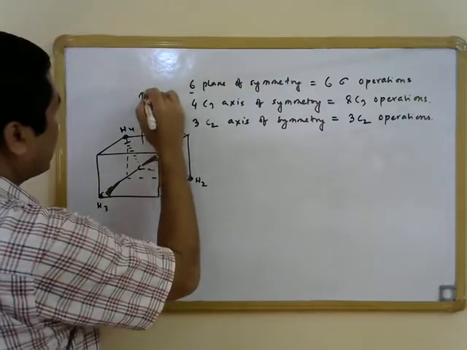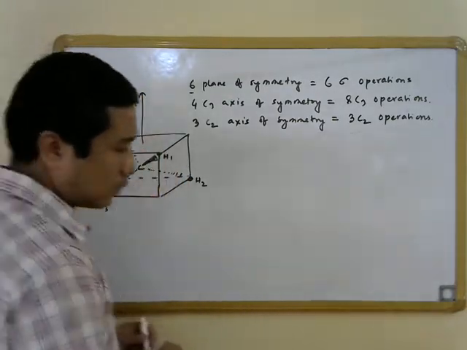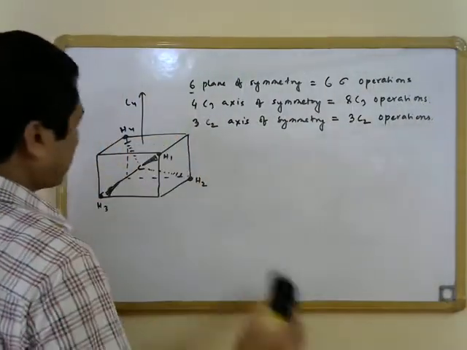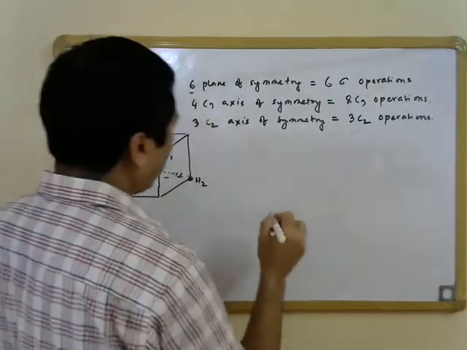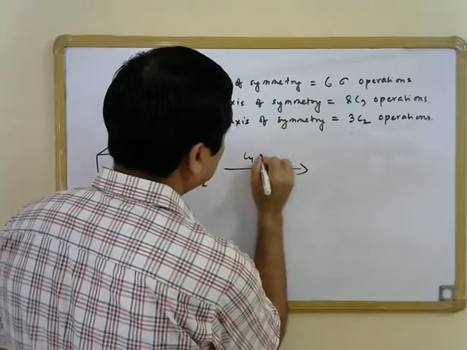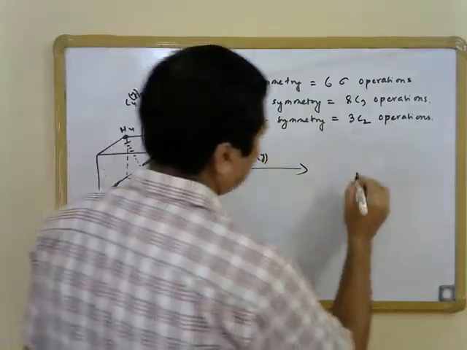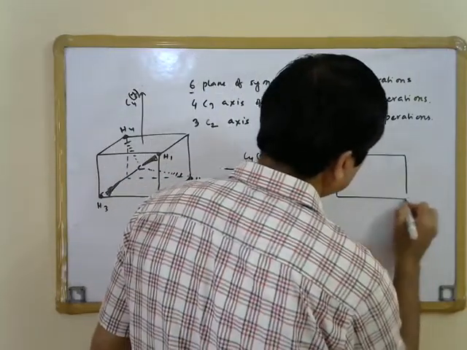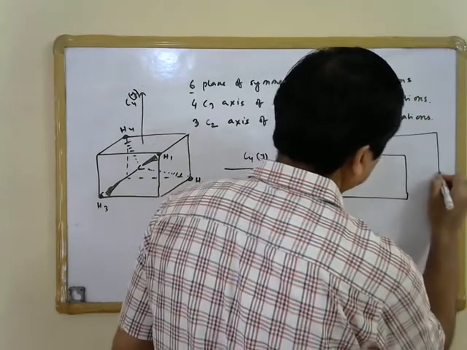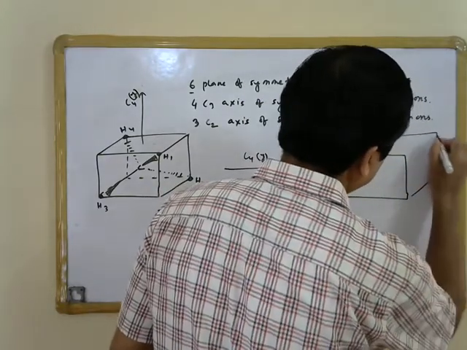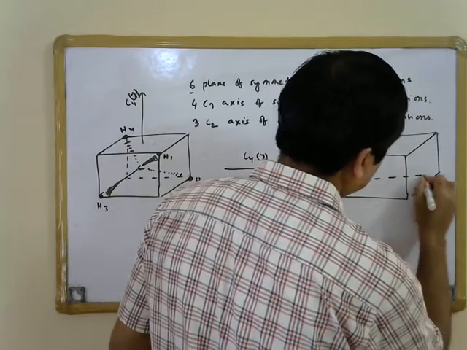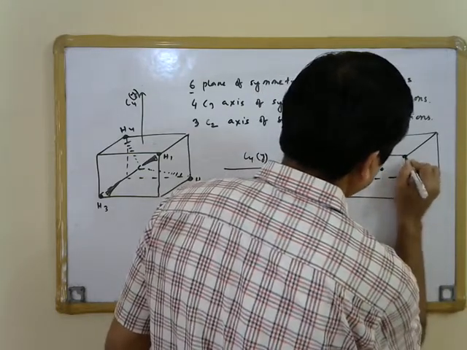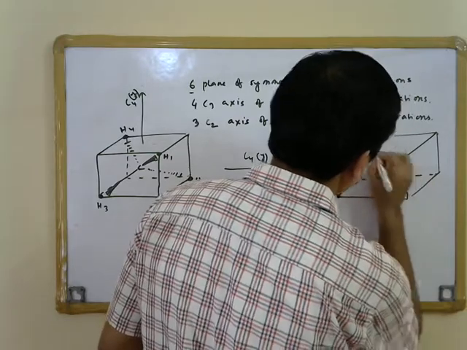So let's do rotation with respect to this axis of symmetry, which is collinear to the y-axis, C4y, and then we will have the final configuration. This is carbon.